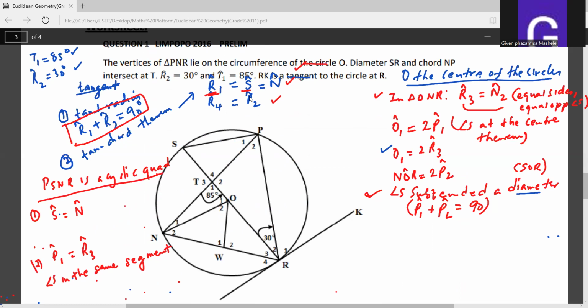By the way, the size of R4, it's how much? It's 55, yes. R4 is 55. I think we spoke about that.